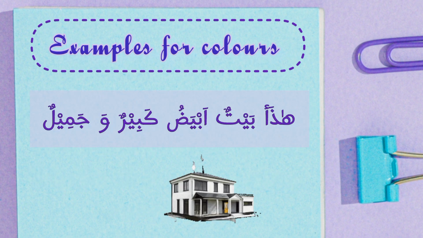For example, هذا بيت أبيض كبير وجميل. In this example, بيت is masculine and its color أبيض is also in masculine form, and its adjectives kabir and jamil are also in masculine form, and the pointing noun is also in masculine form.